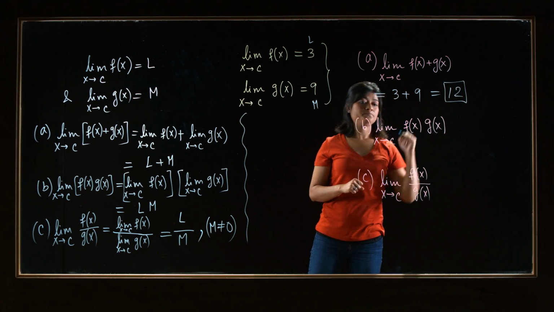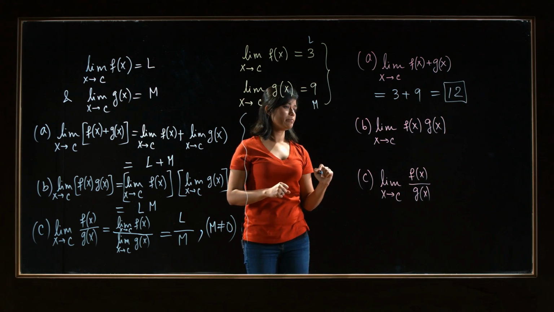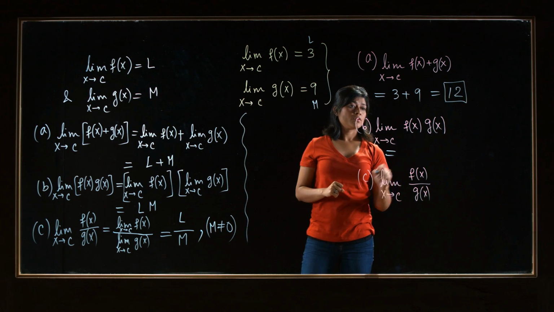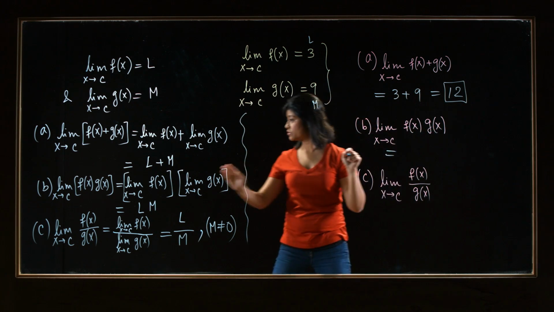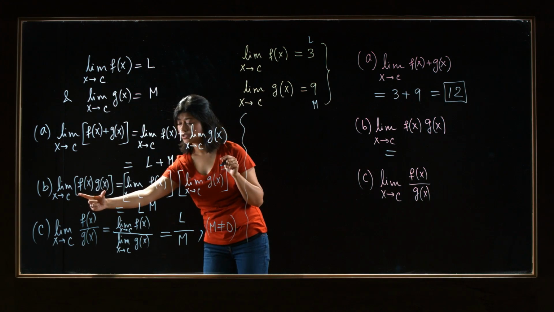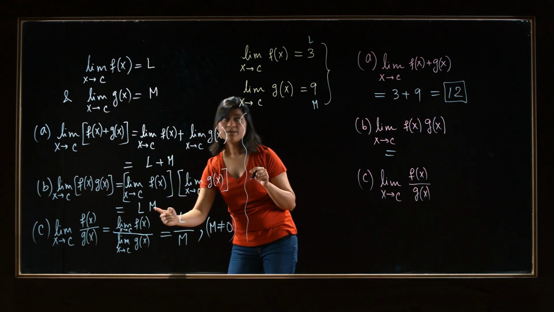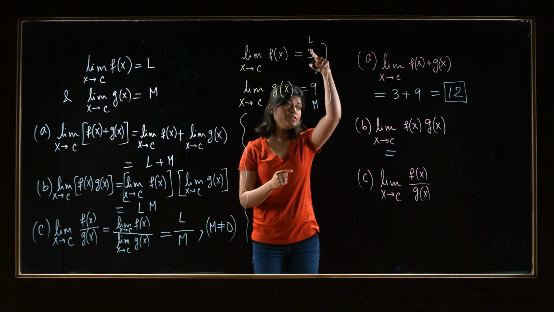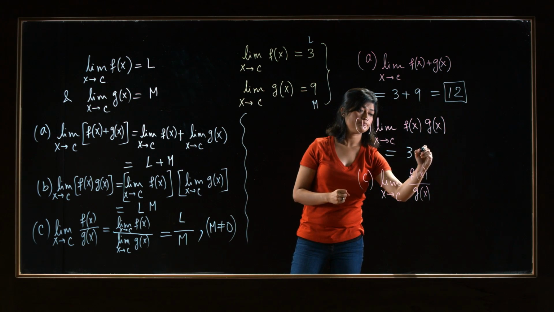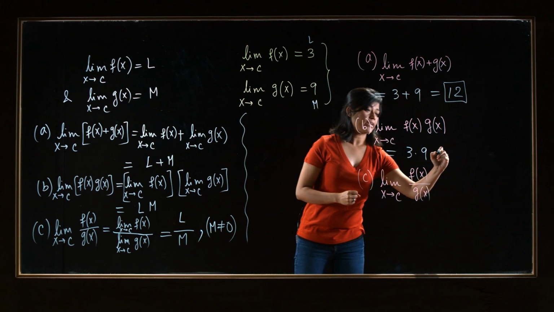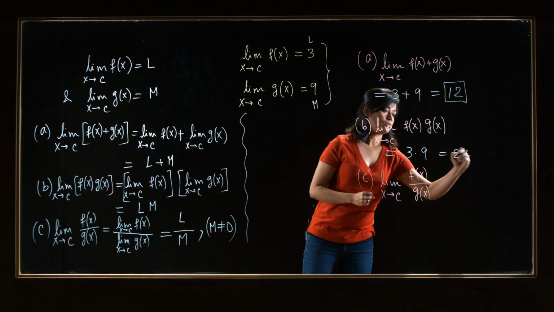For part B, we want to figure out the limit of the product of the two functions. So go back here, the product, the answer is L times m. So you just multiply the two numbers, 3 times 9, and that is 27.